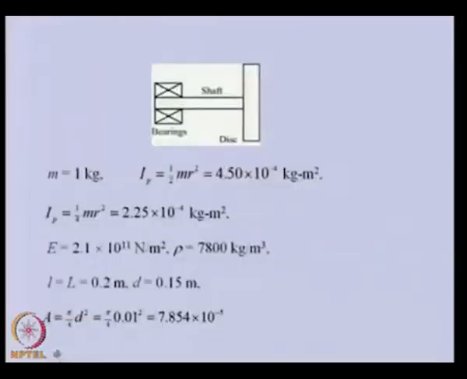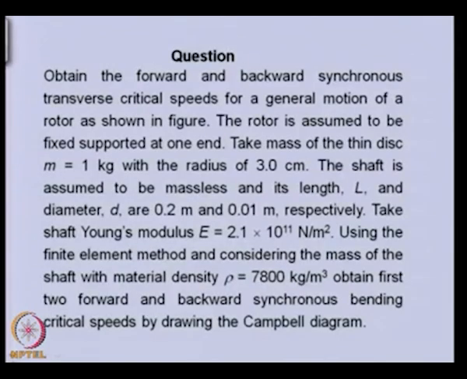So, basically we are taking the same cantilever shaft with a disc, and various properties are given here. We have given all the properties, mass, stiffness, and in this we need to obtain the Campbell diagram and obtain the critical speeds.